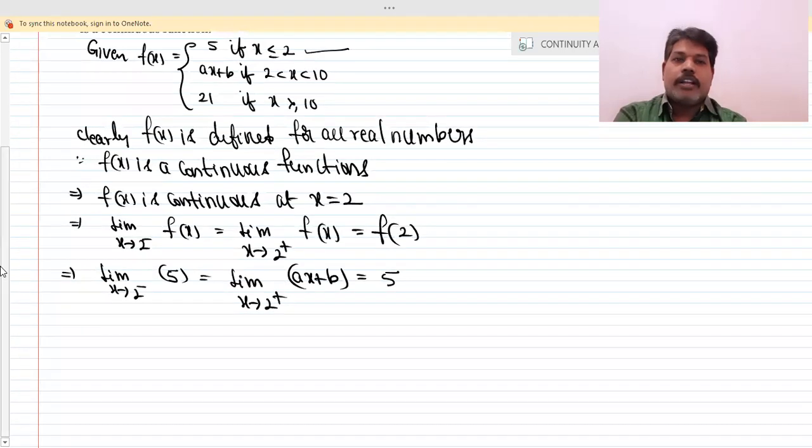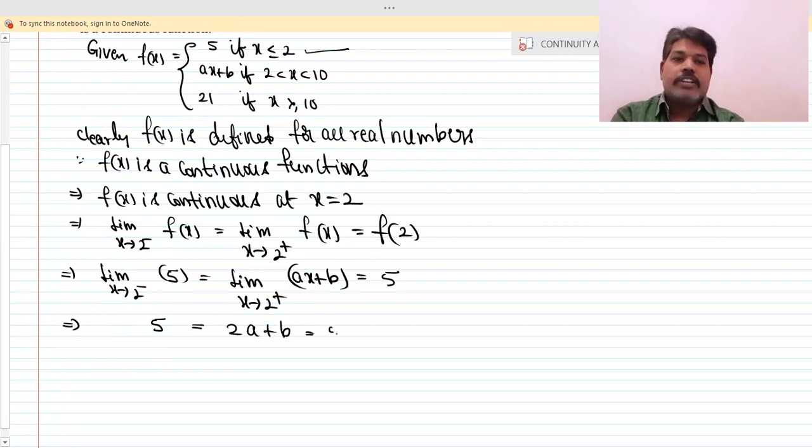So what happens here? That implies limit as x tends to 2 minus, if you apply the limit here, there is no x involved, so the value is 5. This is equal to, applying the limit here, students, 2a plus b.